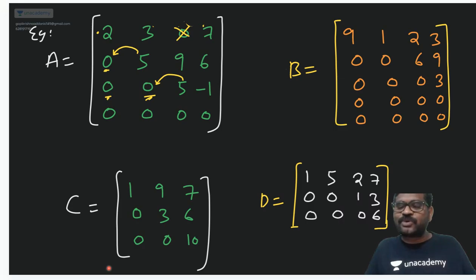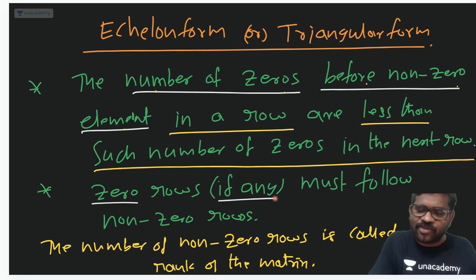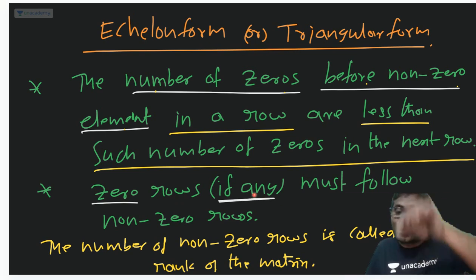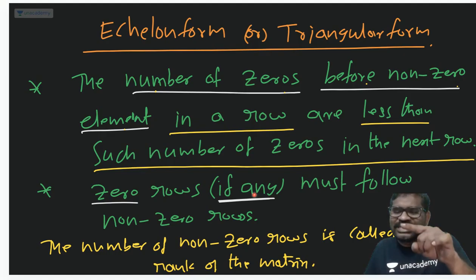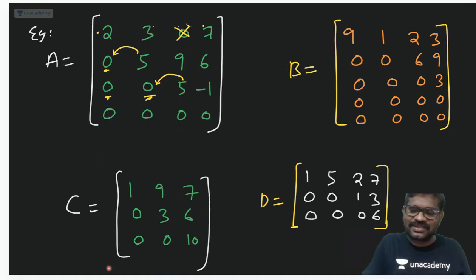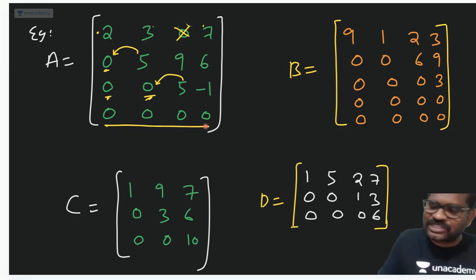Sir, what about second condition? Zero rows. Within bracket I have mentioned if any. If you have any zero rows, that zero row must appear last. Sir, in my problem there is no zero row, no problem. Come here. There is a zero row. Is zero row appeared last or not?